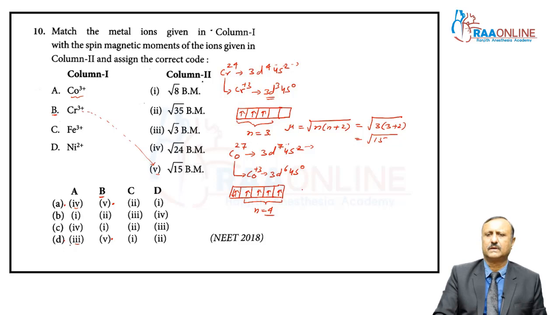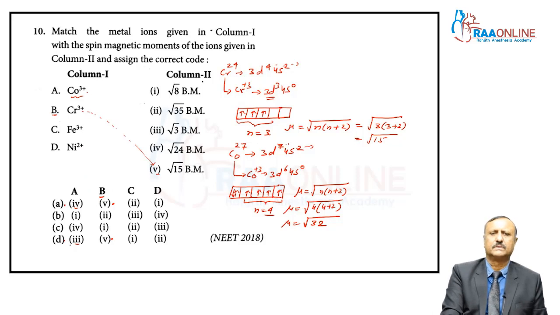So you get the answer: mu is equal to root of n plus 2. Here n is equal to 4, so 4 plus 2 is 6, and 6 multiplied by 4 is 24. This is root 24, and the magnetic moment is root 24 when n is equal to 4.